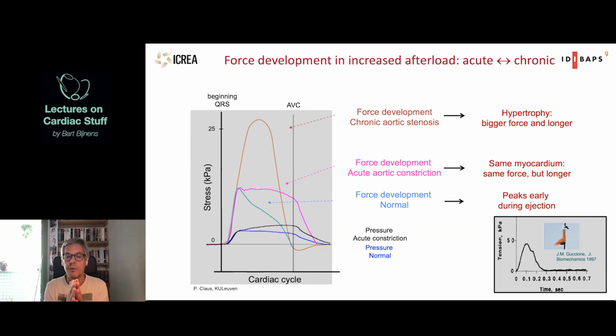But you can keep on developing force much, much longer in order to eject against a much higher pressure without failing. So you still can generate the stroke volume that you need by using this mechanism. This is an acute mechanism that could change from beat to beat. So immediately in the next beat, you can do this.